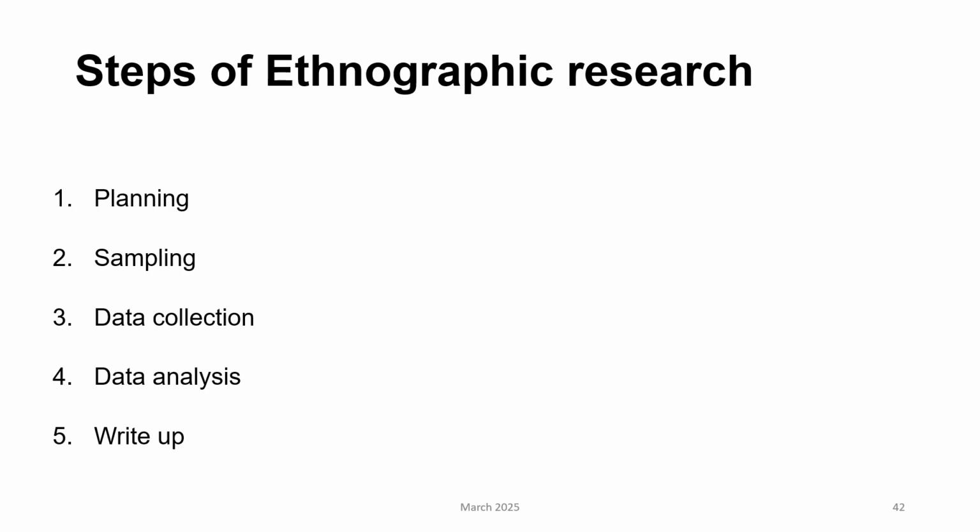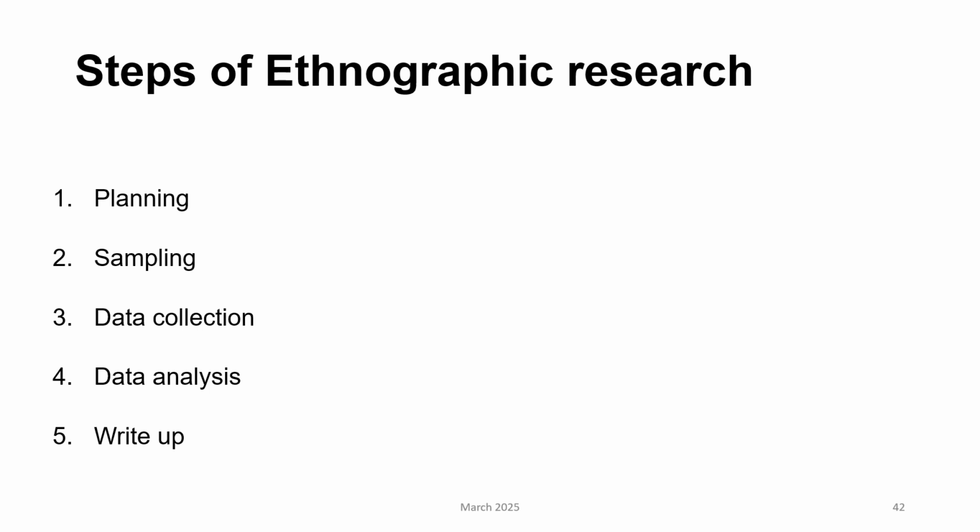So, similar to any type of research, there are several steps for ethnographic research. Firstly, we will start with the planning. Similar to any type of research, you need to plan your research. You need to get access to the setting where you want to perform your research, and you need to get ethical approval to be able to commence your data collection in this particular culture or setting.